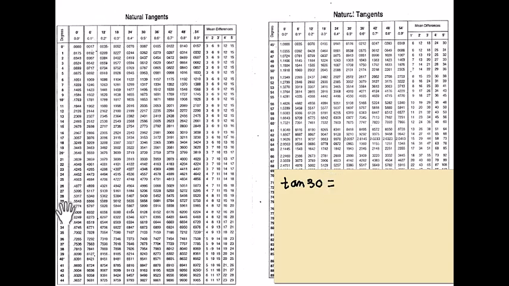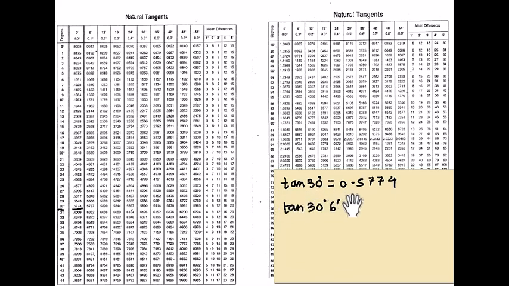Natural tangents, tan of 30. This means 30 degree, right? 30 degree, 0 minutes. So 30 is this, and this is my number. So it's like 0.5774. Easy peasy, right?